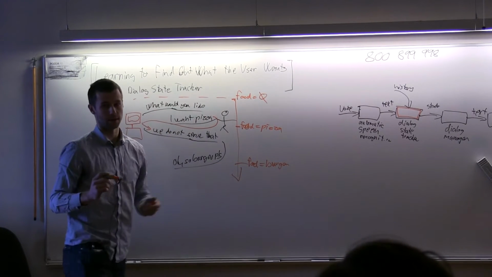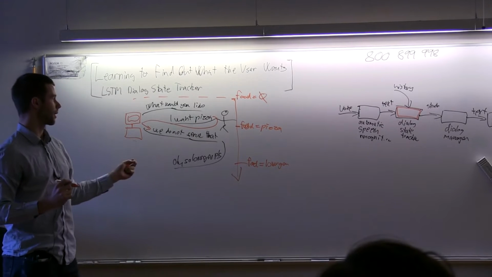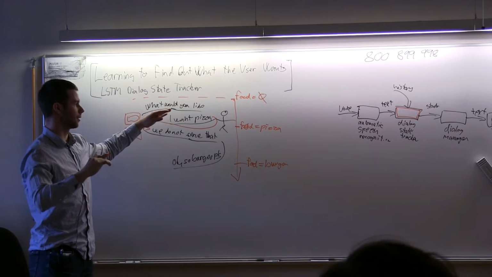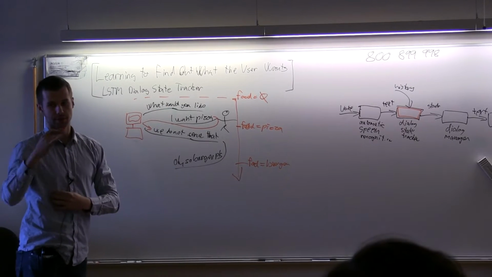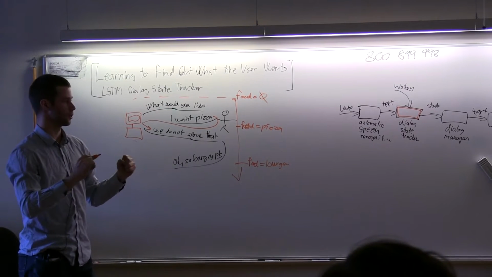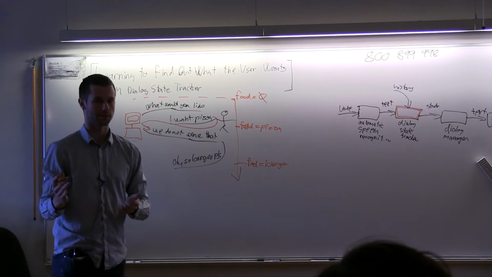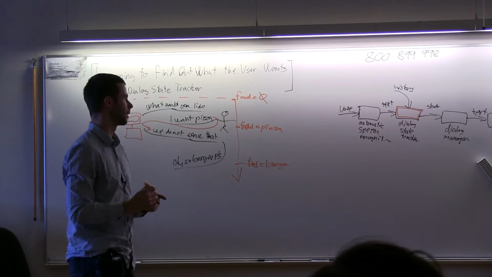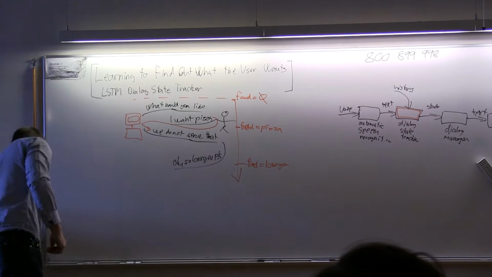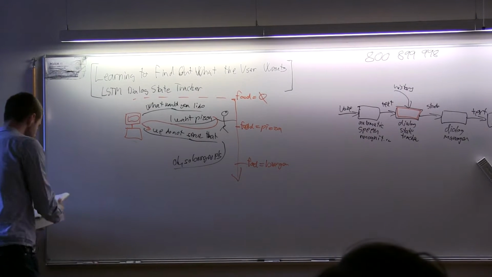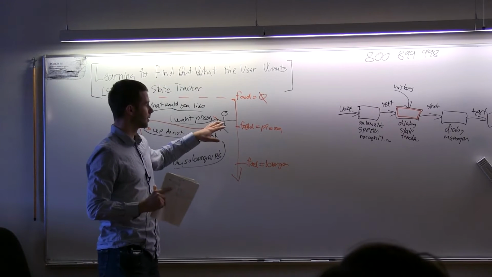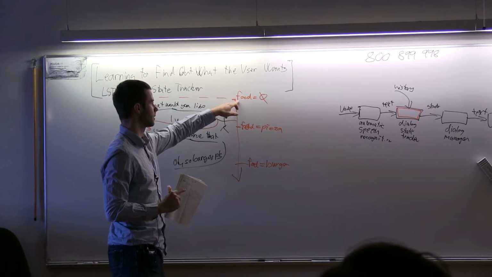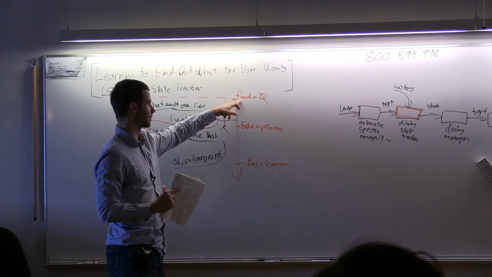So you can see that the dialog state tracker is taking the natural language input and transforming it into a structured output, which we can use well in programs, because we don't know how to work well with free text in programs. In the dialog state tracking literature, the food is not called a field but a slot.